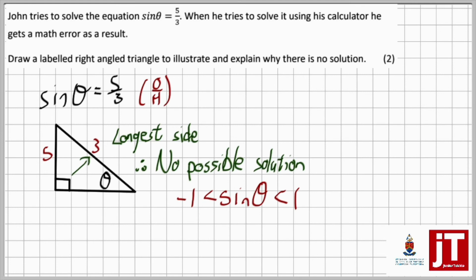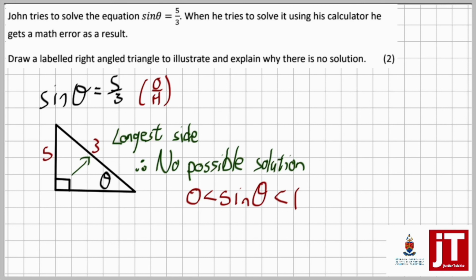So let's rather make it a bit simpler for grade 10. Let's say for grade 10, sine of theta is going to lie between 0 and 1. Please understand, next year it's going to go towards the negatives, but that's grade 11 work.